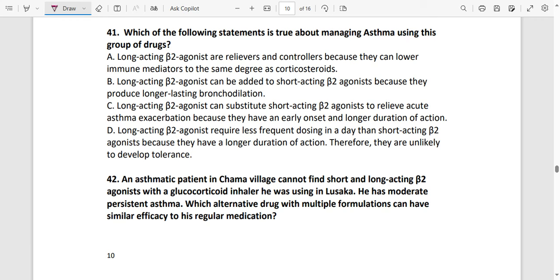C. Long-acting beta-2 agonists can substitute short-acting beta-2 agonists to relieve acute asthma exacerbation because they have an early onset and longer duration of action. D. Long-acting beta-2 agonists require less frequent dosing in a day than short-acting beta-2 agonists because they have a longer duration of action, therefore they are unlikely to develop tolerance. Anyone that can help with that one?